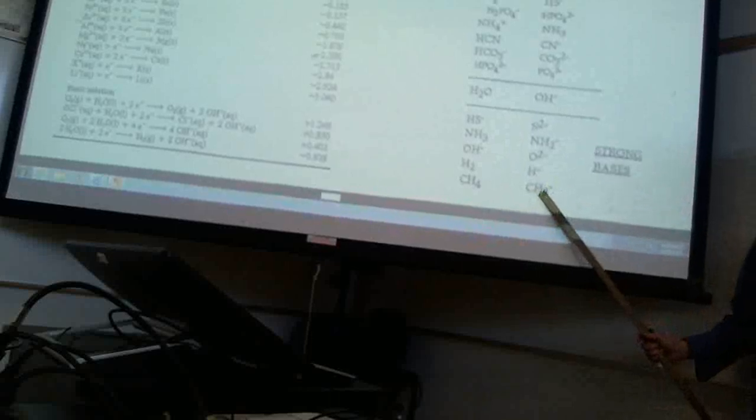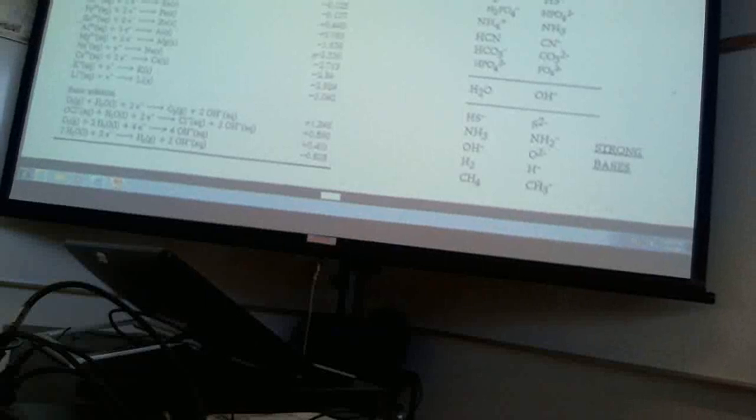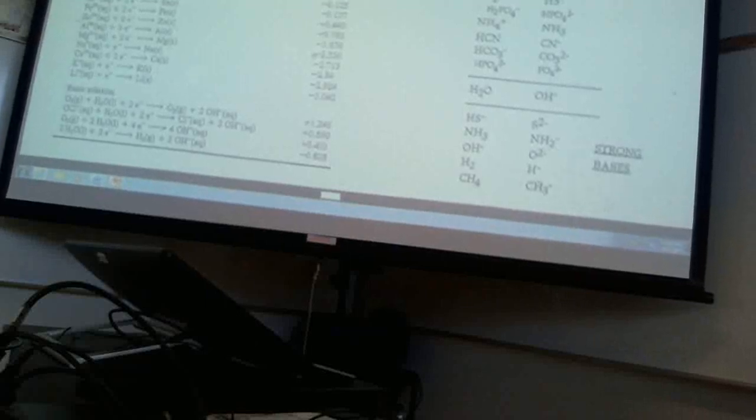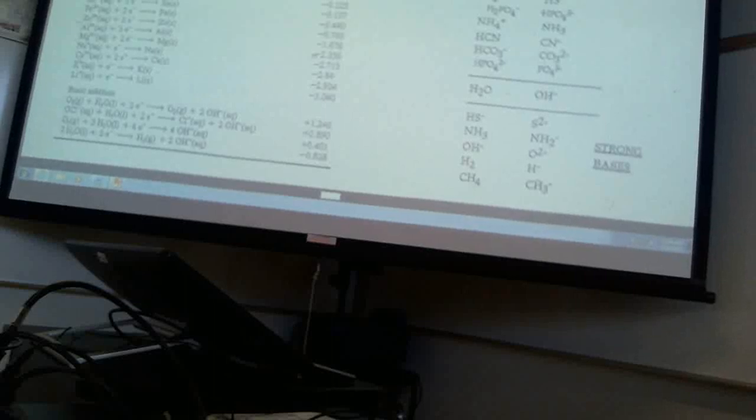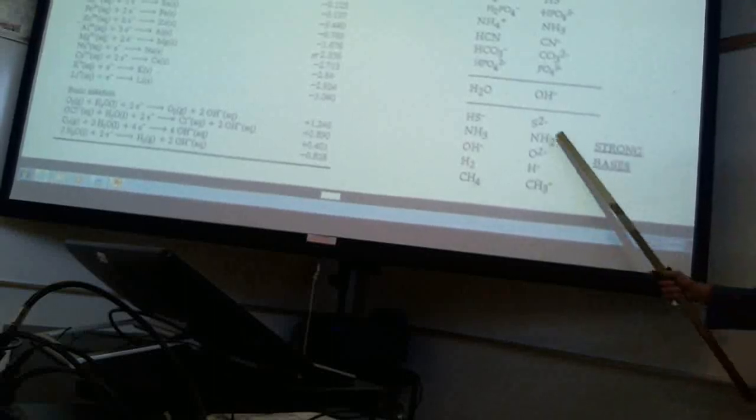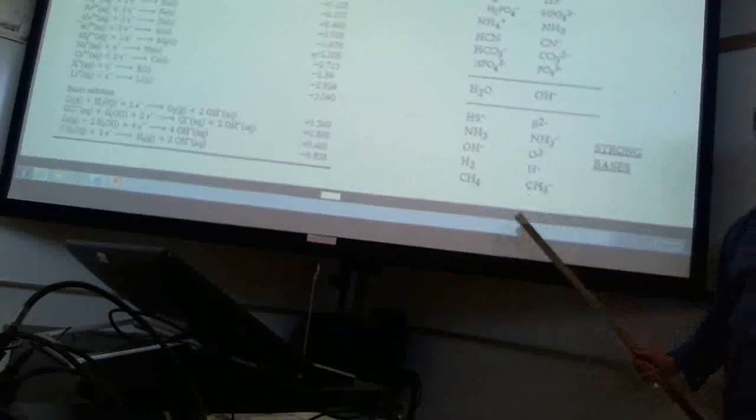What do you think this is called? Methides. Methide is a powerful base. What's the most powerful base on this chart? Methide. This would be rare. And so you got to remember these.